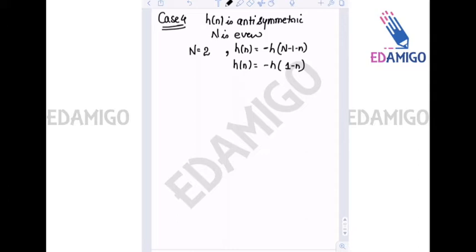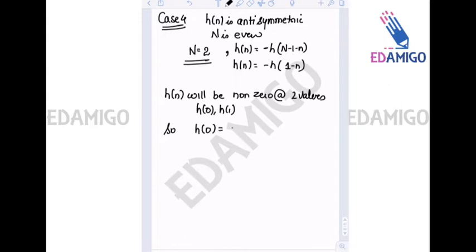Now since n equals 2, Hn will be non-zero only at two values, that is h0 and h1 will be present in Hn only. So h0 will be equal to minus h1 from the above property, that is Hn is antisymmetric.